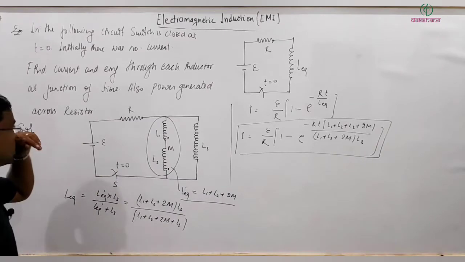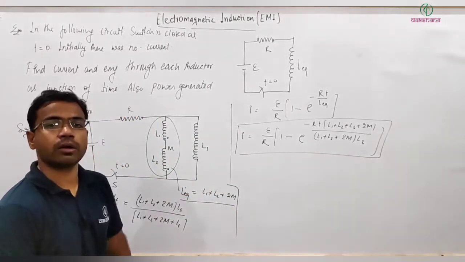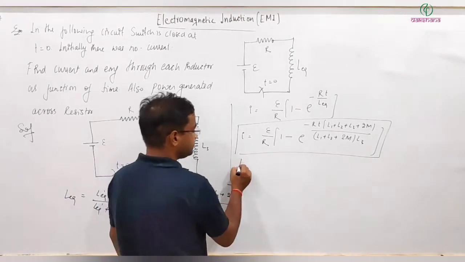Now the power generated across the resistor, because this is also the current through the resistor.